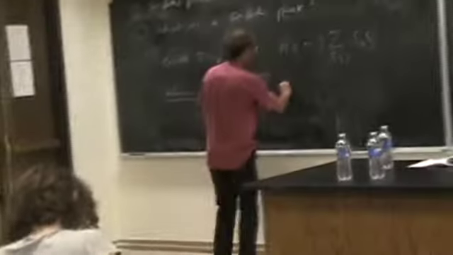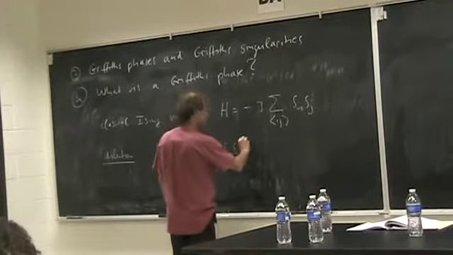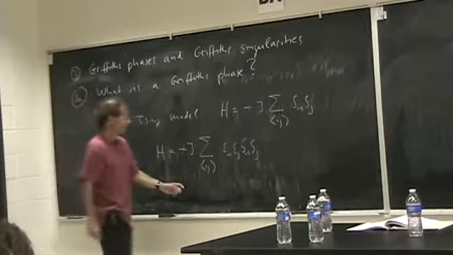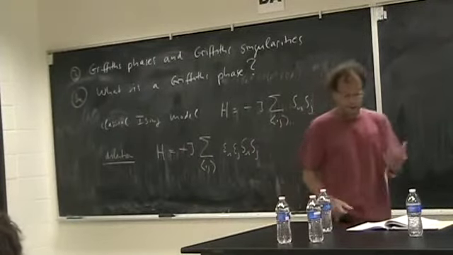So then we get a Hamiltonian that looks like this. Right? And these epsilons are my random variables, and they can be either 0 or 1.